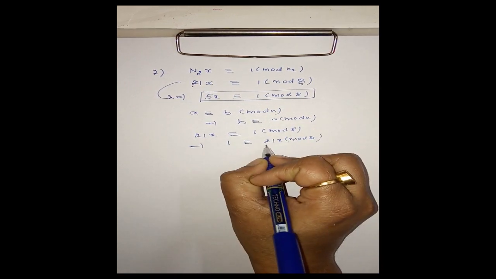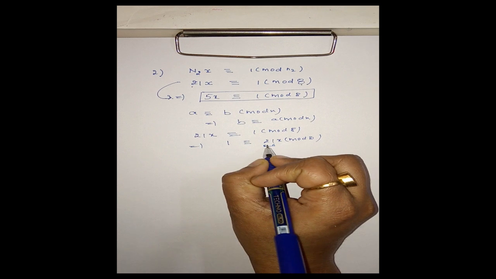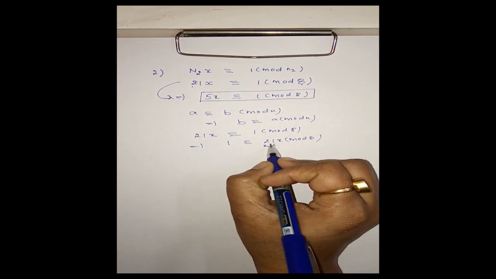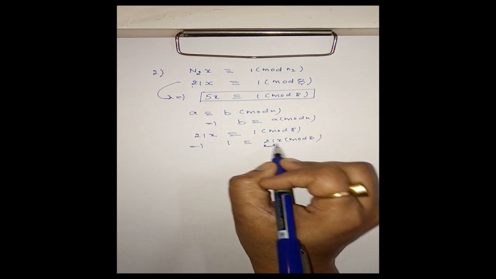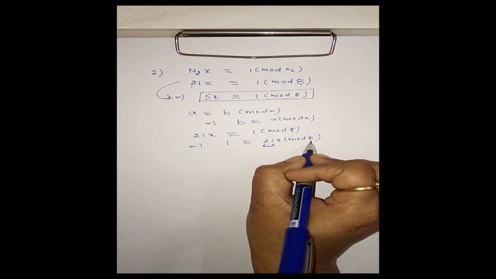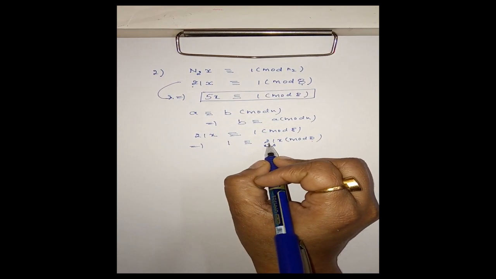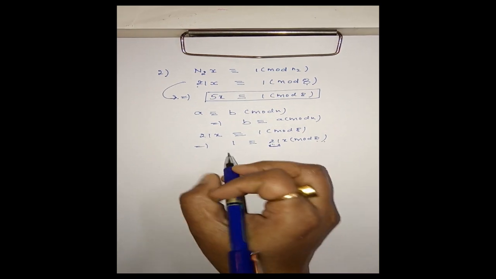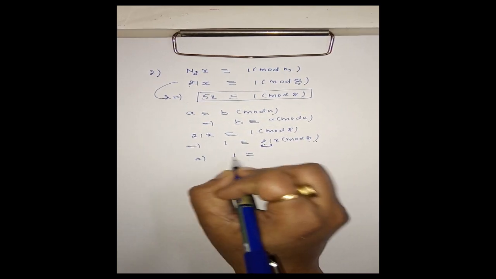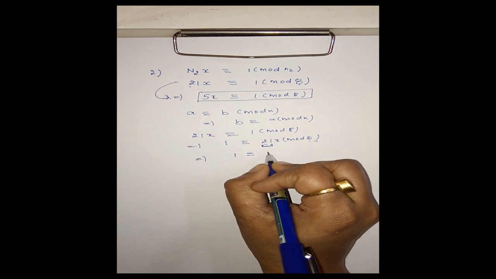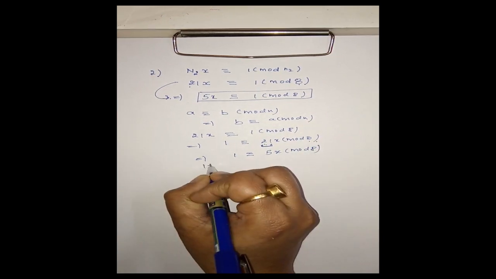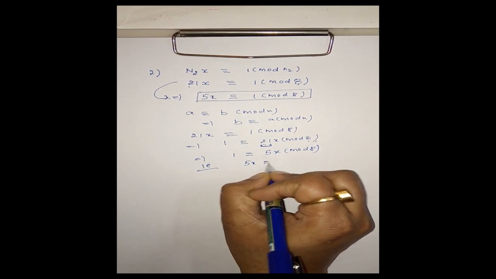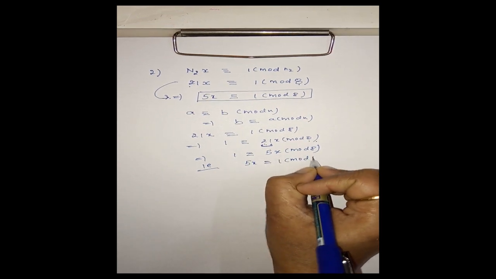Here we write the remainder obtained when 21 is divided by 8, which gives 1 is congruent to 5x modulo 8, that is, 5x is congruent to 1 modulo 8.